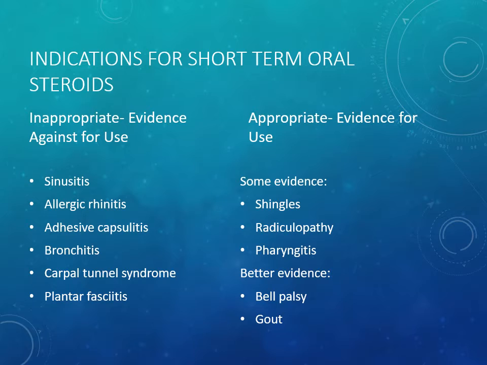For shingles, you can use steroids, but use them with antivirals, not in place of antivirals. There's better evidence for the use of short-term oral steroids for patients that have Bell palsy, and in that case, short-term use is definitely the recommended use. Also with gout, you could have equal efficacy with indomethacin, but less gastric side effects if you use short-term steroids.